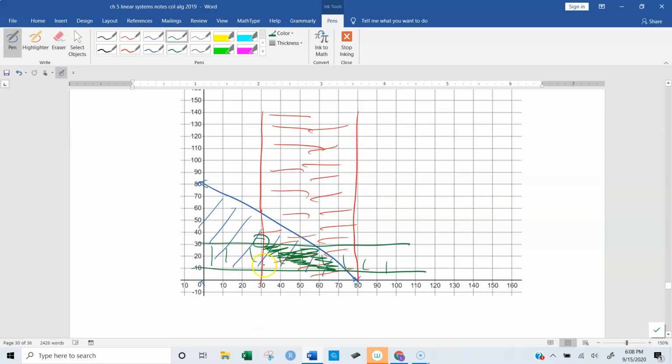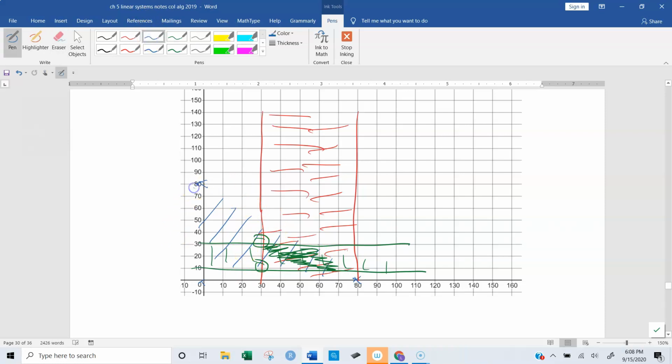All right, my intersection points are here. So 30, 10; 30, 30; 60, 30; and, oh, this was graphed wrong. I missed completely. All right, let's redo this. That's wrong. This blue line is off, so I'm hoping yours was better.